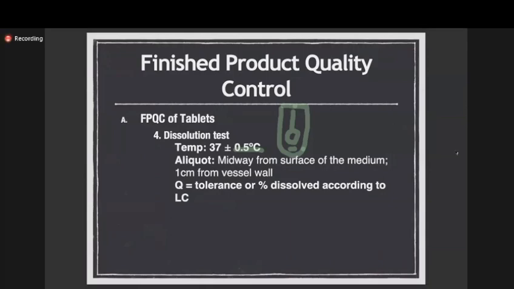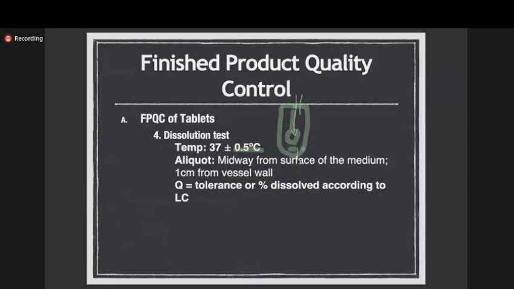Why should we take the aliquot there? Basically you pipette it midway from the surface of the medium, 1 centimeter from the vessel wall. Why midway, why not the top or the bottom? Why do you think so?